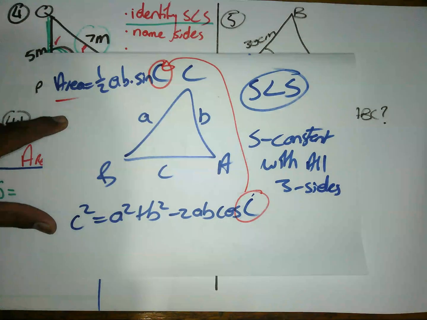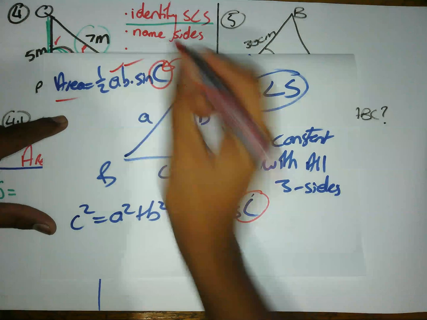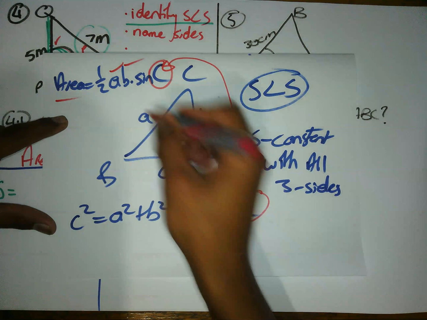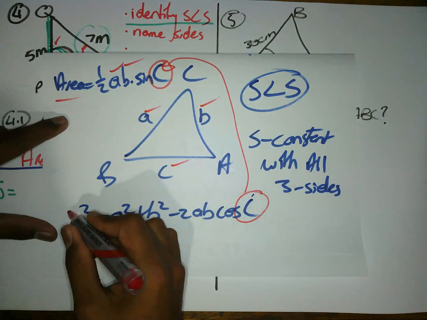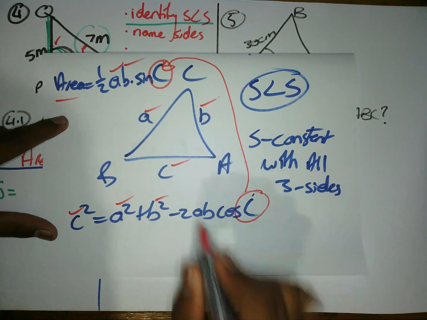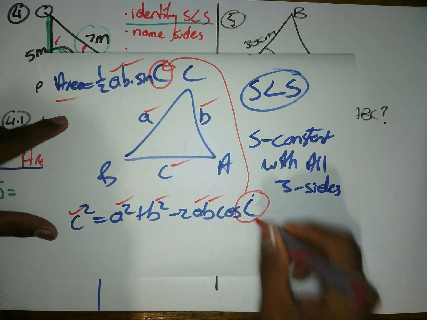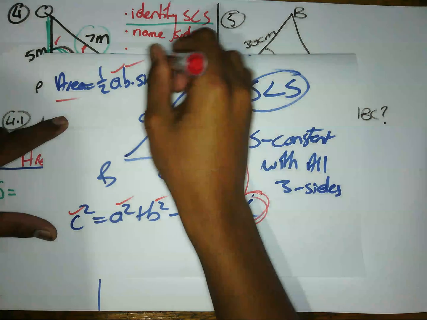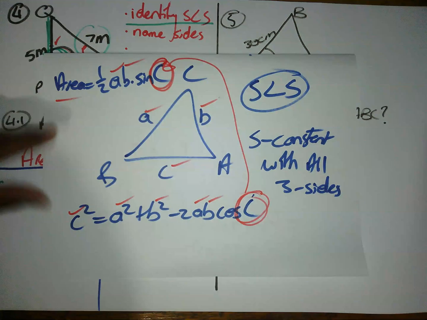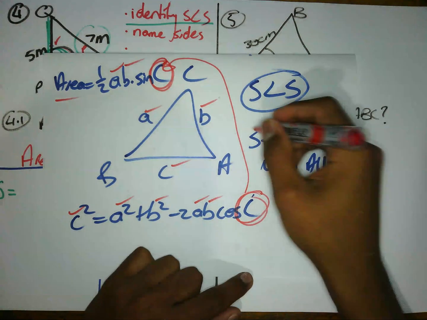I can get my area because I have A and I have B, and I have C. So I can get this angle C, put it in there, and get my area. I can do that, or I can just use this rule here.